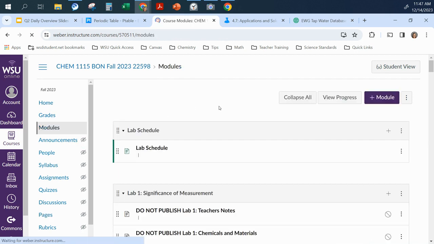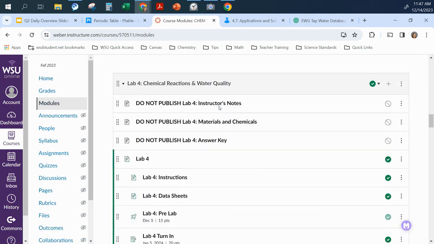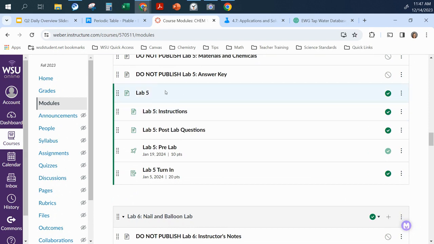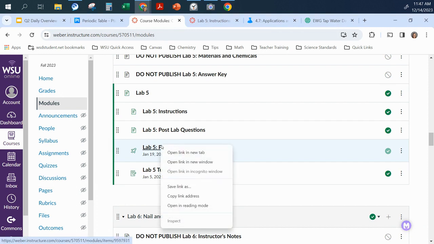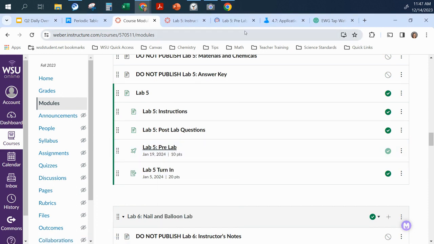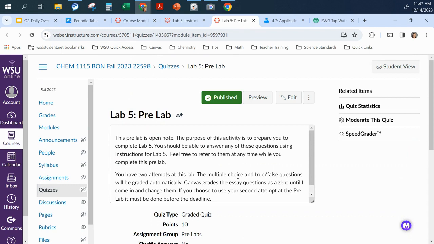Modules, there you go. I'm going to open the instructions in one tab. Okay, I'm going to hand out the instructions.